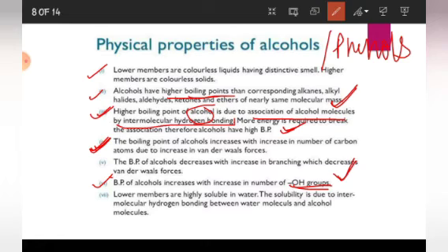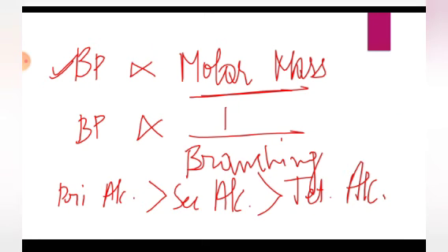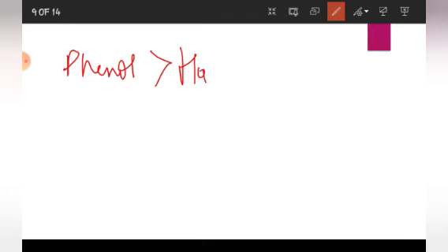Okay, this was all about boiling point. We have seen three relations. Now if I talk about phenol, see students, we will also get a similar result. For phenol also, if I compare phenol with haloarene, then what will be there?